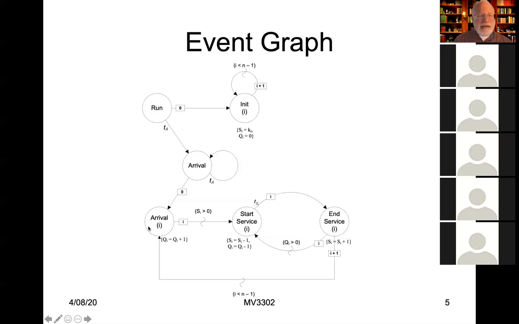Okay, so let's look at what happens there. The arrival event with an argument of 0 increments q sub I. That is, it increments the number in q at workstation I. That's all it does. Then, if at that first workstation, that is, if S0 is bigger than 0, it will schedule a start service, passing the value I, which in this case is 0 for that first one.